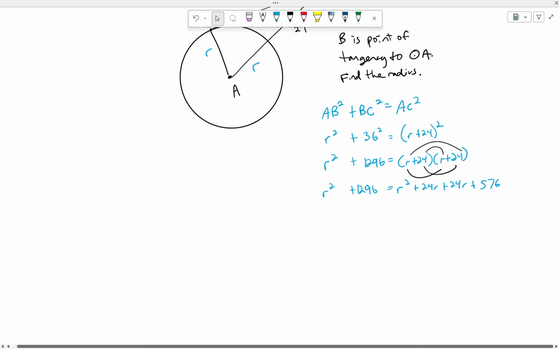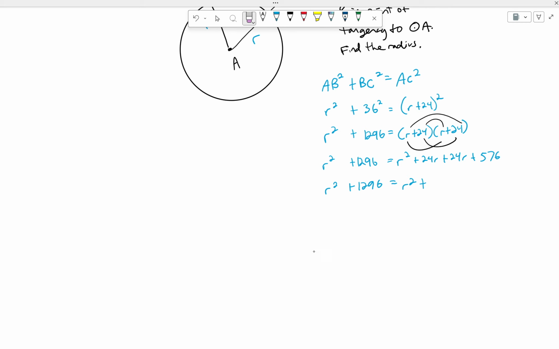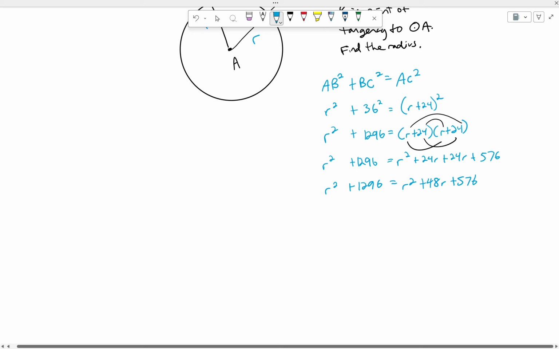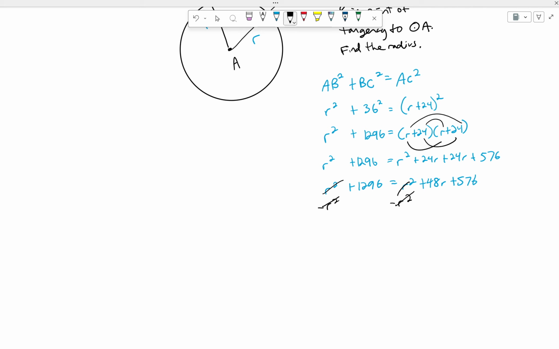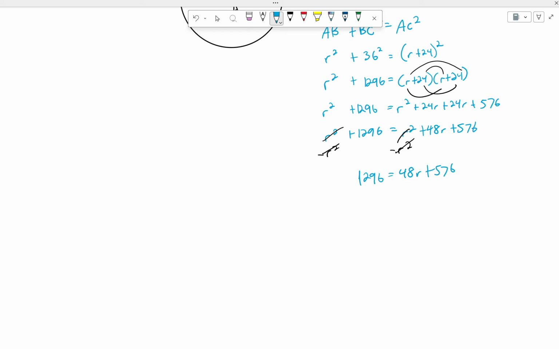All right. So we have R squared plus 1296 is equal to R squared plus 48R plus 576. Now, I could subtract R squared from this side, and I do that from the other side, it's going to cancel out both of these. So what I'm left with now is 1296 is equal to 48R plus 576. And then, of course, my next step is going to subtract 576 from both sides.